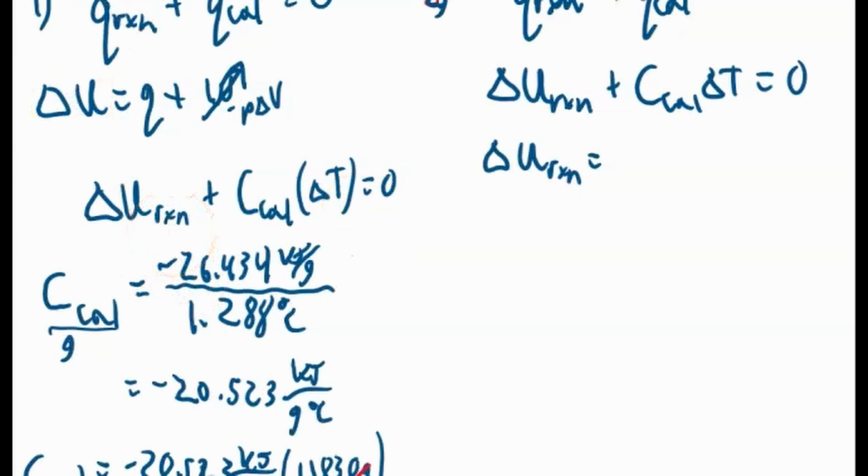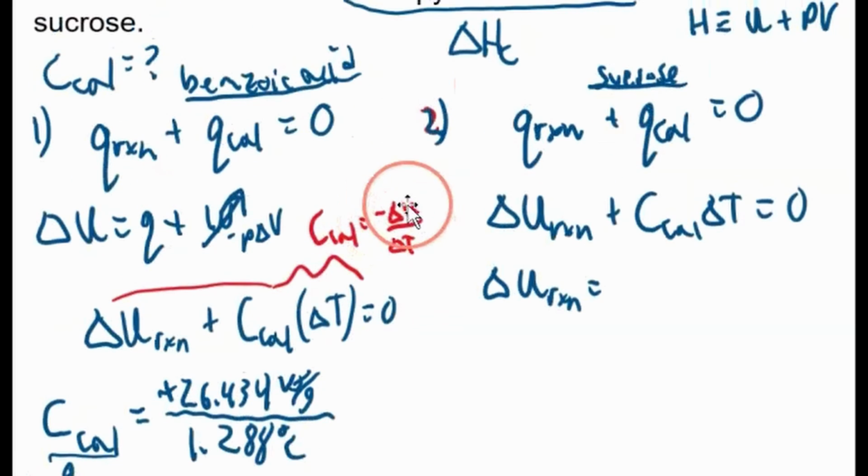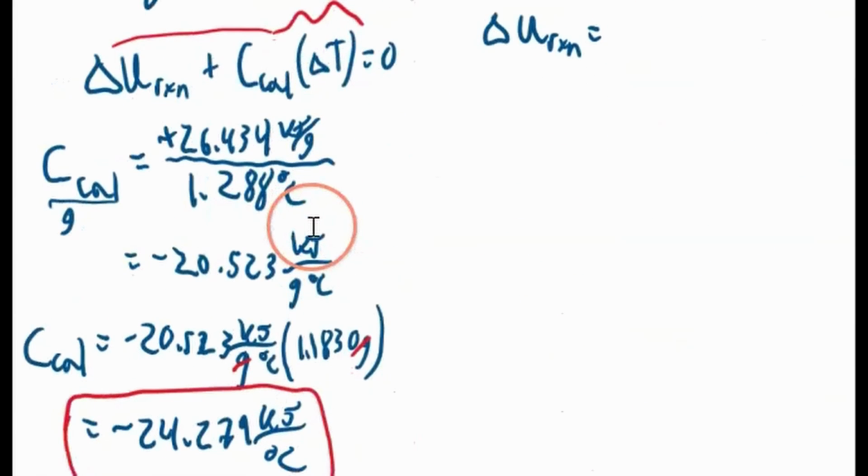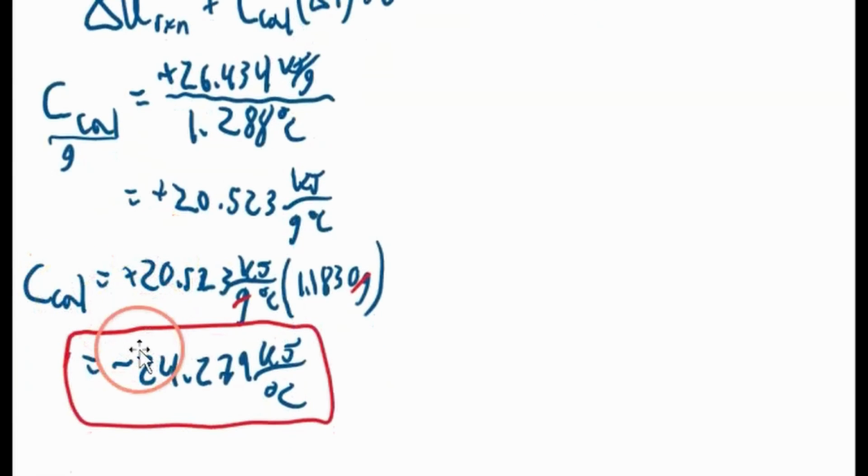The whole equation is Ccal equals negative delta U divided by delta T. But delta U is negative, so we have a negative and a negative, which makes it positive. I should have seen that when we saw that the calorimeter was negative.